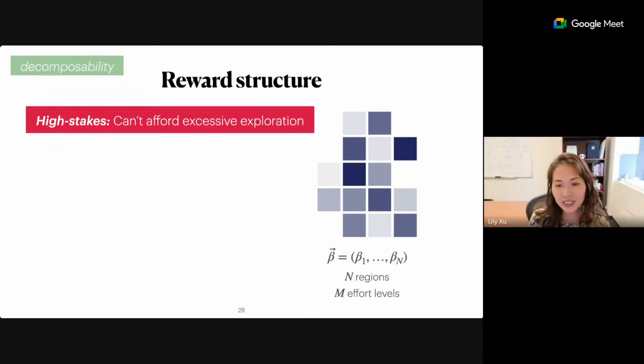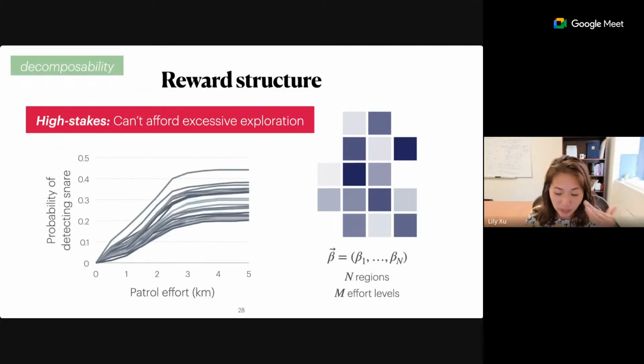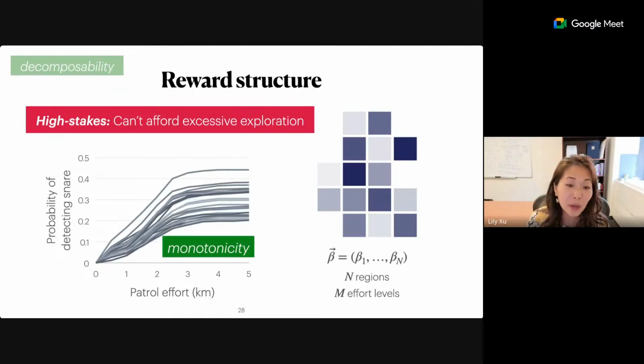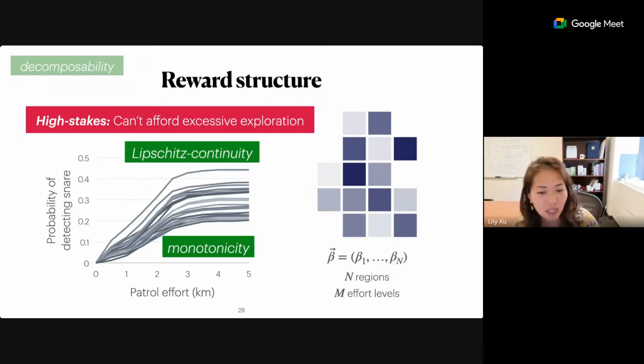And for the second challenge of not being able to explore excessively, what we can do is look at our reward function, which is this probability of finding a snare, and we can make a few observations about structure within this reward function. One, pretty intuitively, it is monotonic. As we spend more effort patrolling, we're never going to be less likely to find a snare. So that means we can transfer information that we've gathered for one level of effort to others.